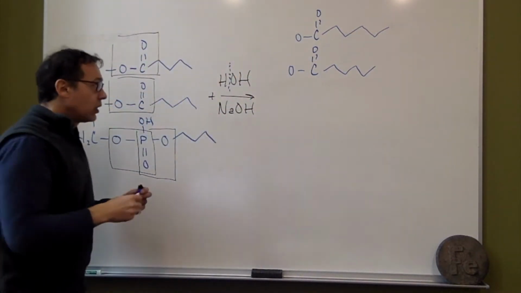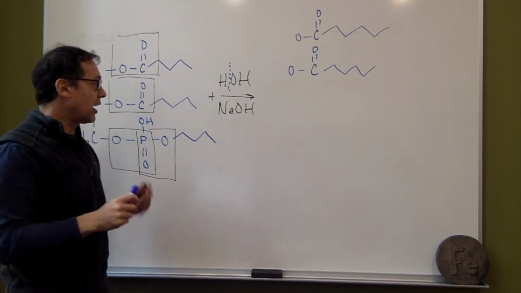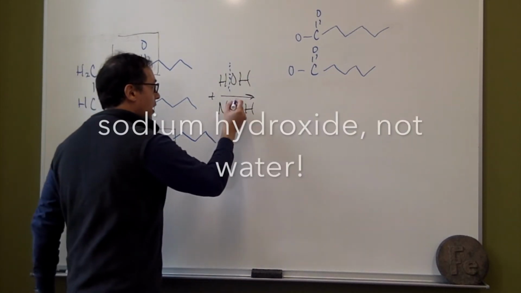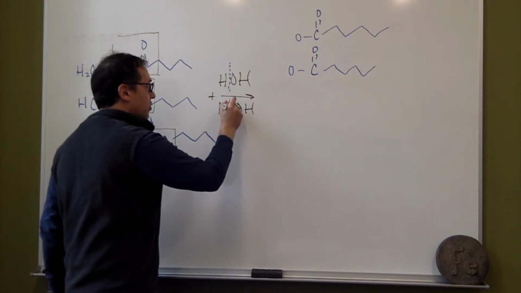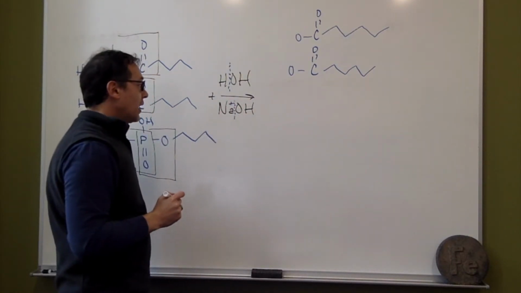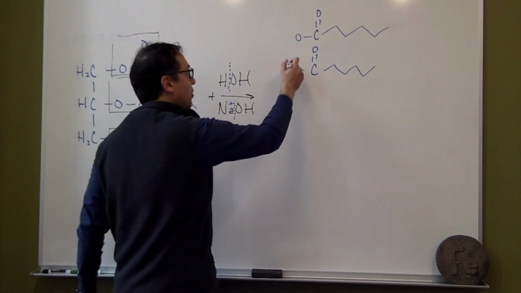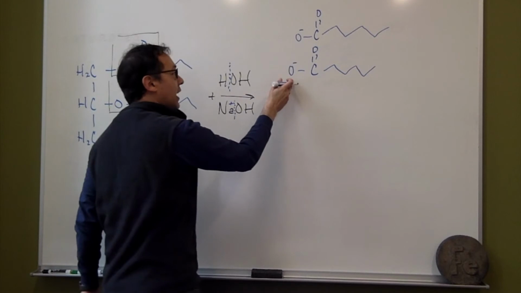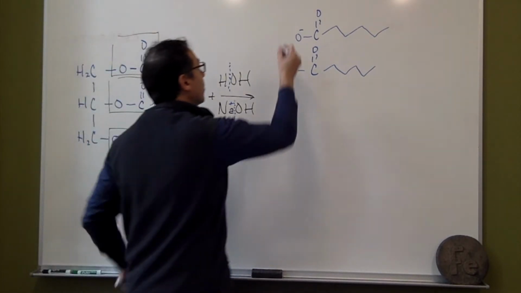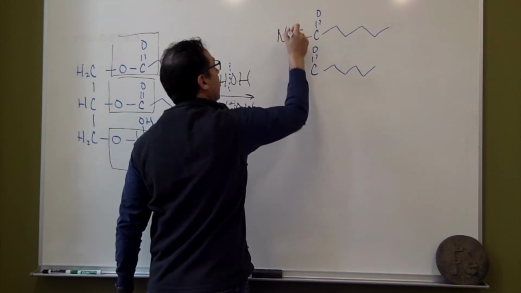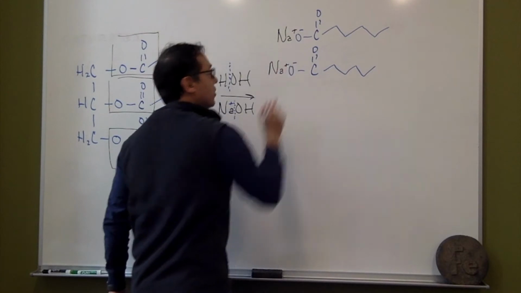Now what's going to happen here is a little bit different, a little bit odd. We're going to take our water, split this apart, and this gives us sodium ions. Those sodium ions, because they're electropositive, are going to be attracted to these electronegative oxygen atoms. So when that happens, we'll end up with Na plus, Na plus, like this.